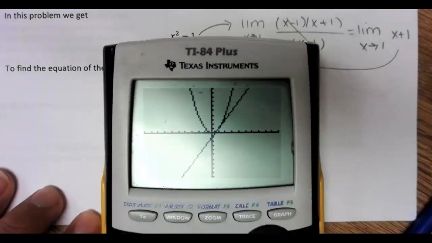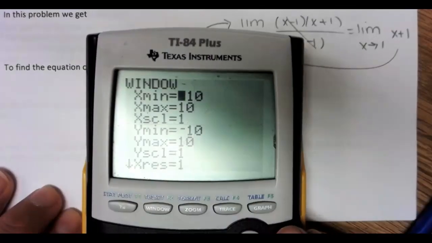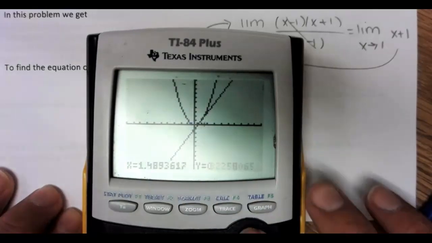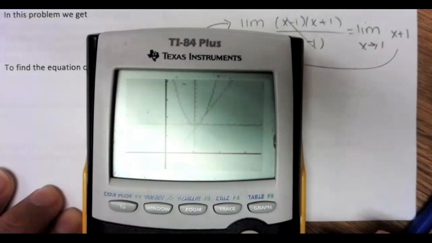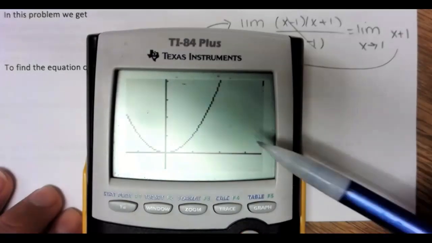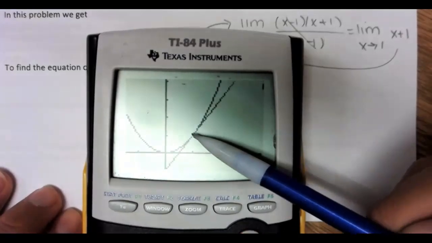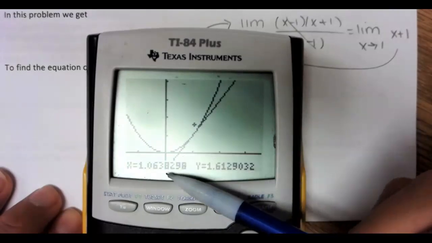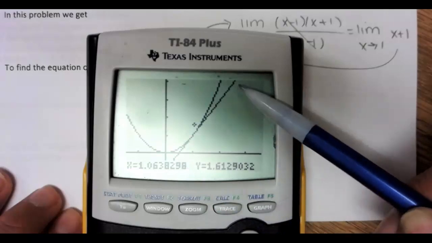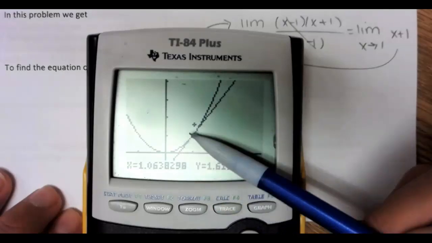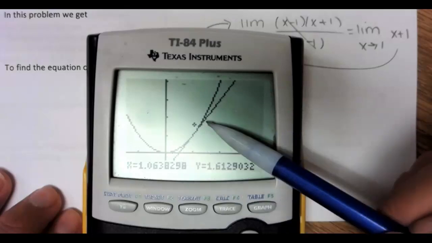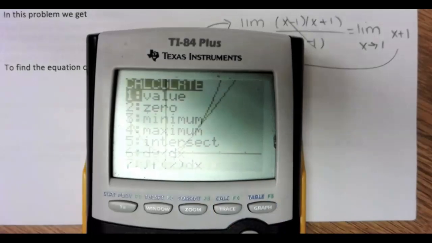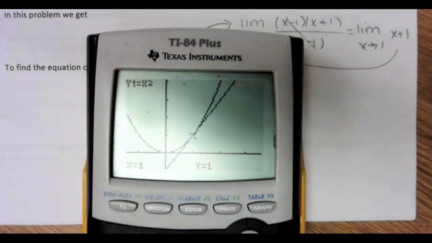So what that means is that on the graph, the tangent line will go through the point (1, 1), and this line is representative of the slope of the curve y equals x squared at the point (1, 1). Does that help? There you go.